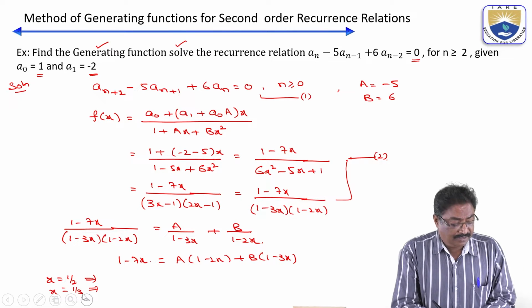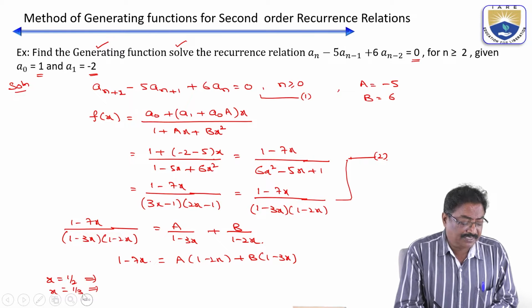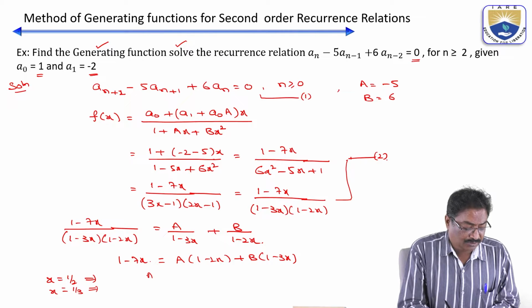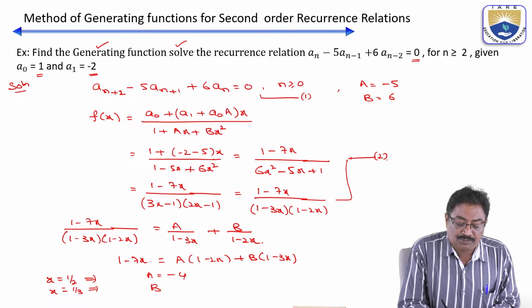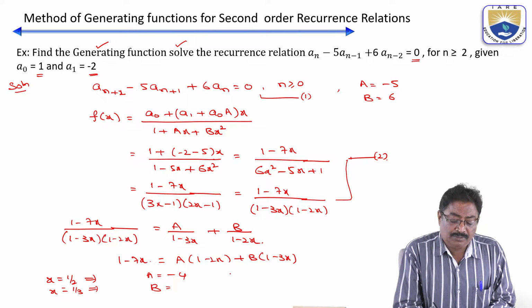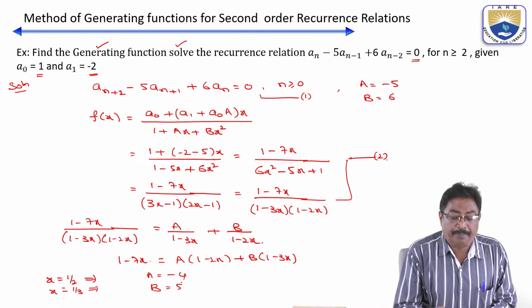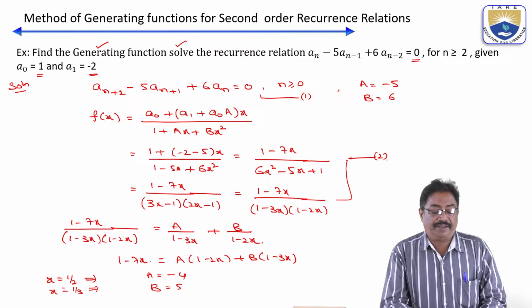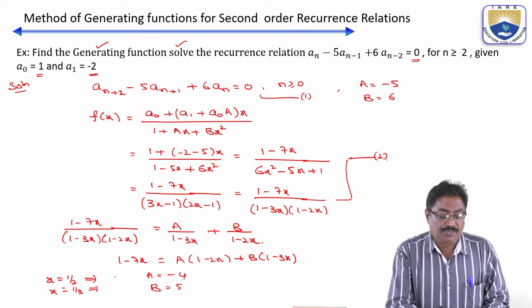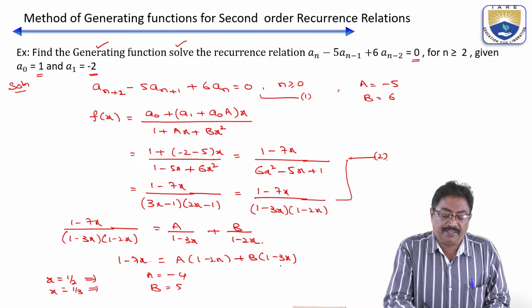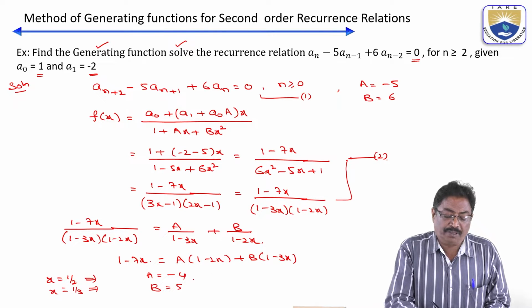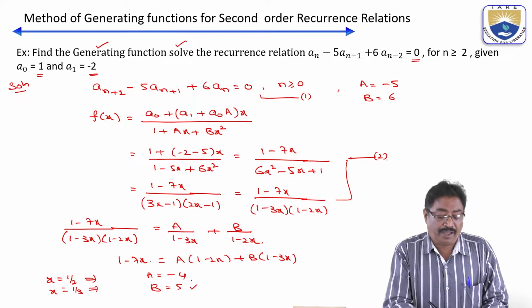From this, A equals minus 4 and B equals 5. Straight away substituting x equals 1 by 2, the A term will vanish, so the B value I calculate is 5.